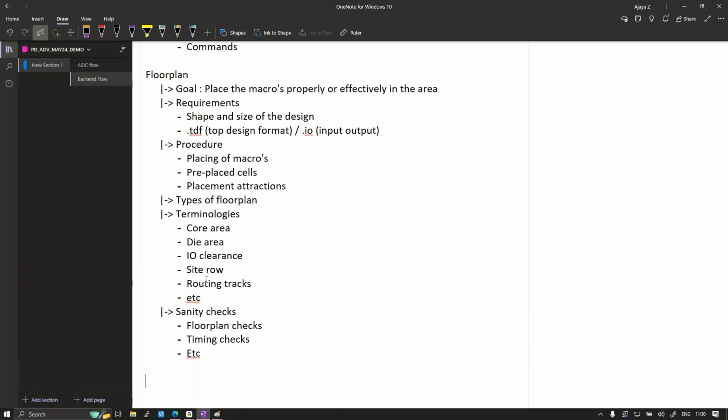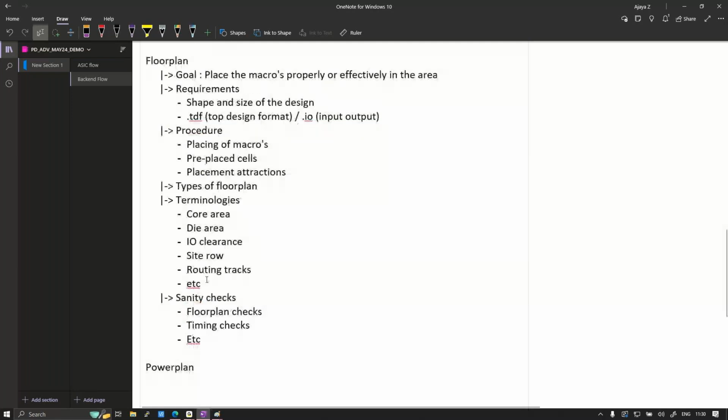Okay, right. So now the next step is power plan. In the power plan stage, the goal is power distribution.